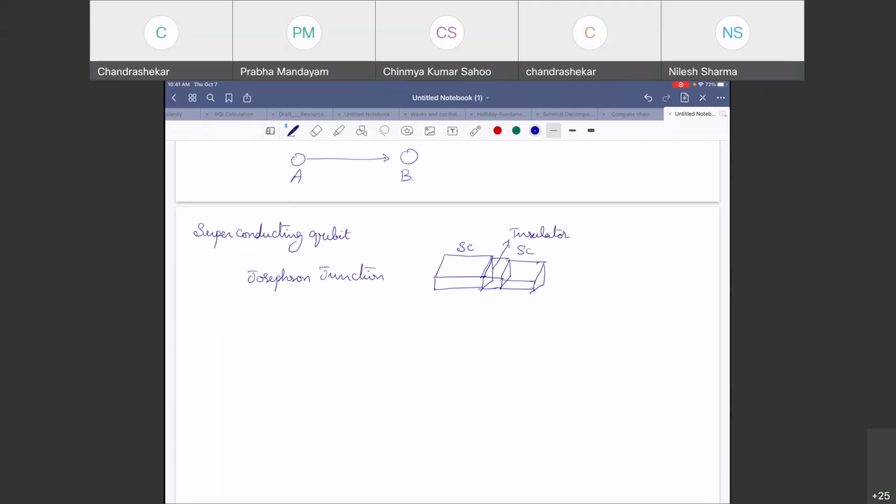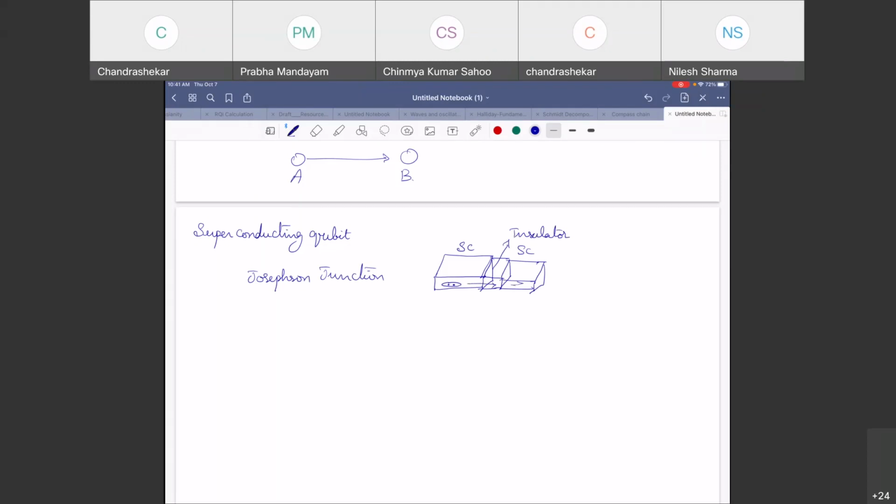So what happens is, superconducting elements have Cooper pairs, and these Cooper pairs have to tunnel through this insulating layer into the next superconductor. This causes some kind of phase difference, and these tunneling properties can be used to produce a qubit.